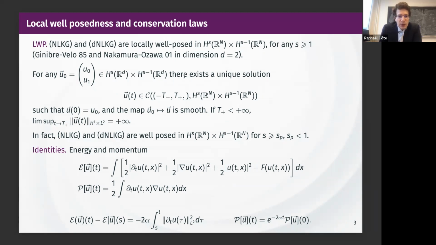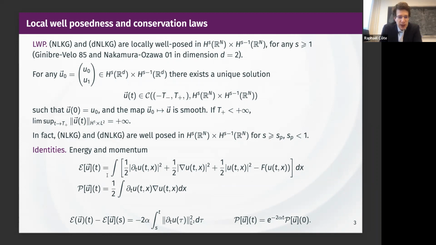Okay, and coming with the local well-posedness, we have two quantities of interest. They are conservation laws, the energy and the momentum, E and P. They are conservation laws for the nonlinear Klein-Gordon equation, that is when there is no damping.